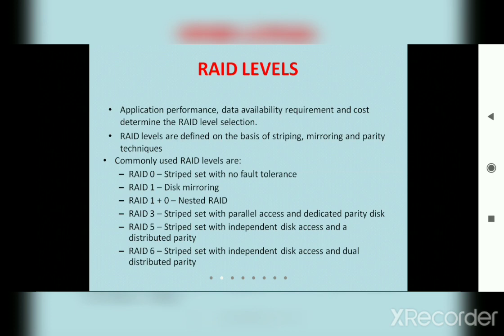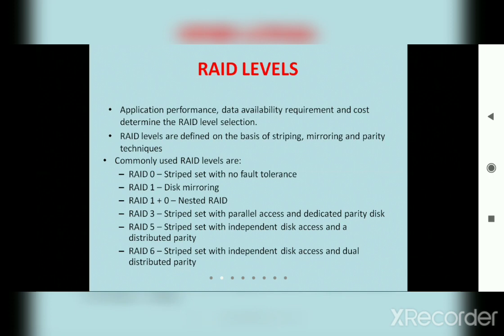Please remember, striping is very easy because it is faster. The read and write operations are at a faster level. But when it comes to mirroring, the data storage capacity needed is much larger, because it copies what you are writing.